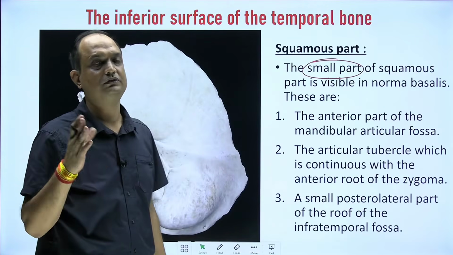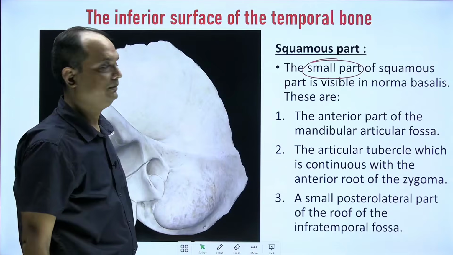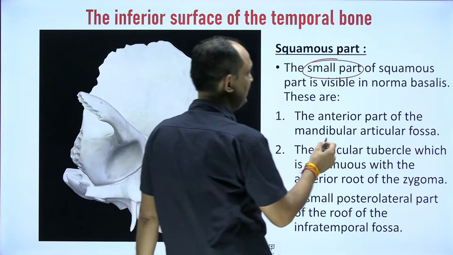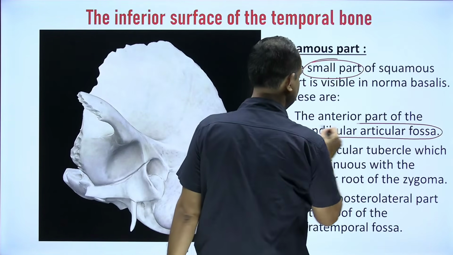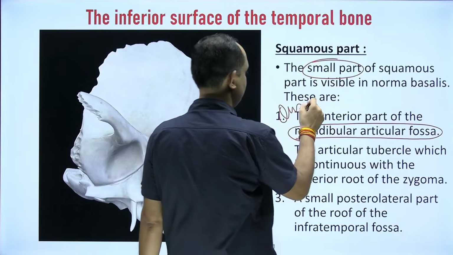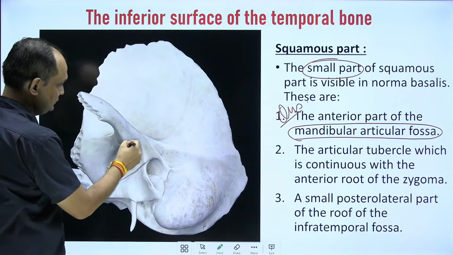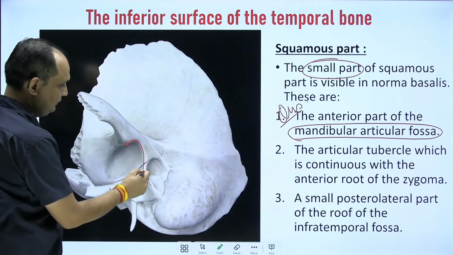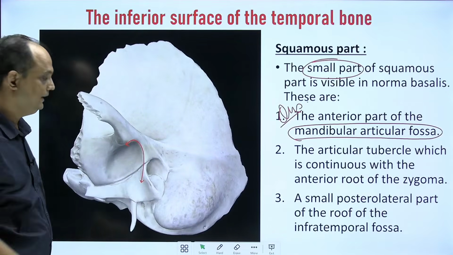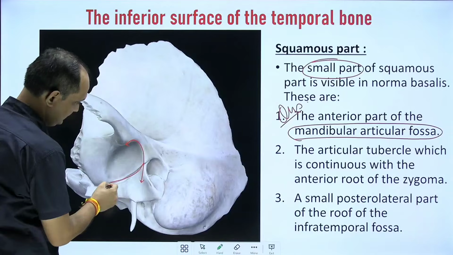And what are the features of the squamous part visible in the norma basalis? First is the anterior part of the mandibular fossa. This is the most important question. I just told you that this articular fossa, or the area for the head of mandible, is divided into two parts by a fissure.